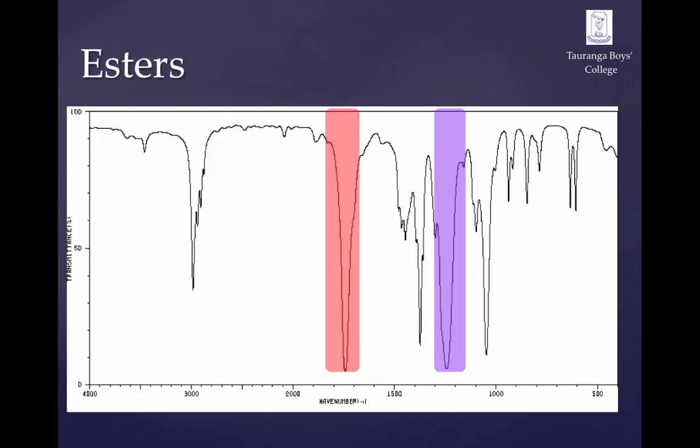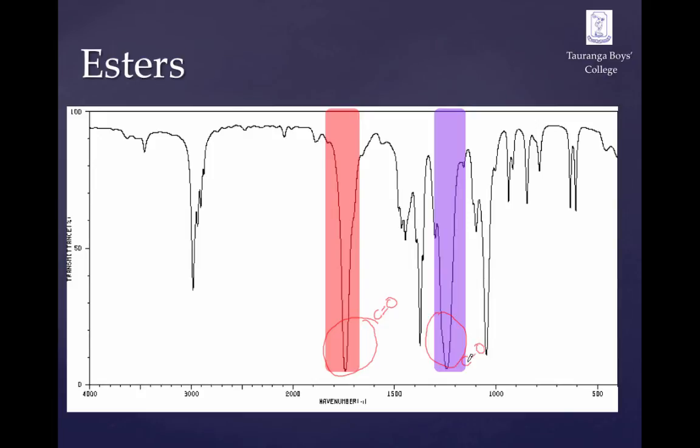In our next example, we'll look at an ester. In the ester, you will notice, just like with the aldehydes here, you've got that common peak round about the 1700, 1600 region. That's indicating the presence of your carbon-oxygen double bond. Plus, you'll note in the purple region here, you've got a stretch round about the 1300 region.